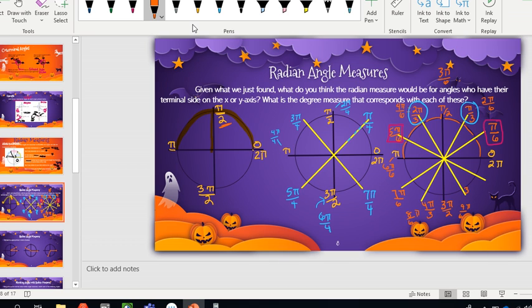Oh, 9 pi over 6 was this one. And then we would have 10 pi over 6. That reduces to 5 pi over 3. Well, we were at 4 pi over 3, so there you go. And this one would be 11 pi over 6. This one would actually be 12 pi over 6, but 12 over 6 reduces to 2 pi, so that'd be kind of silly to write it that way.